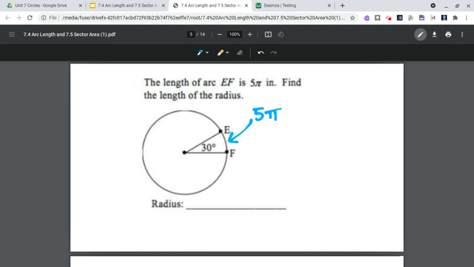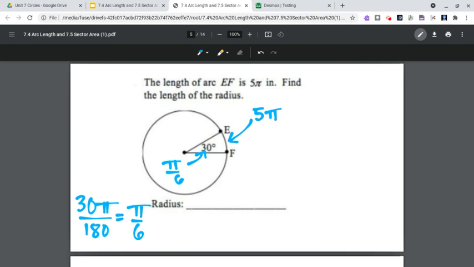I'm going to take my theta measure, which is 30 degrees, and use what we learned in our first lesson, conversion from degrees to radians, and make that measure into a radian measure. So 30 pi over 180, which gives me pi over 6.